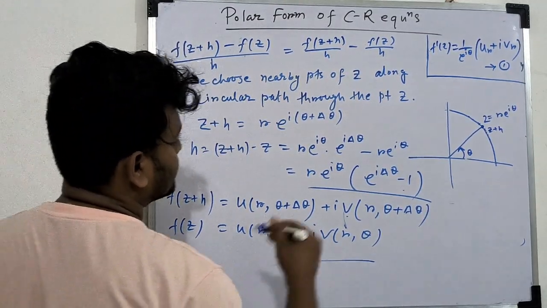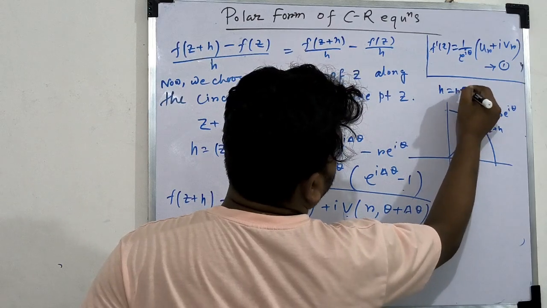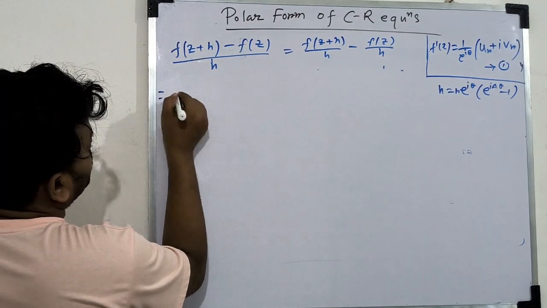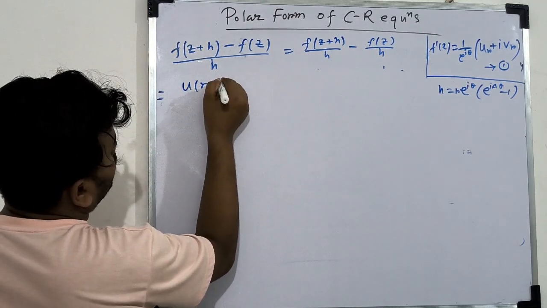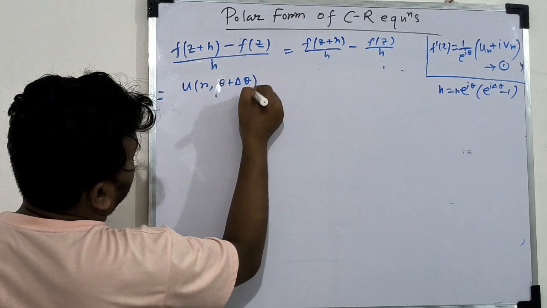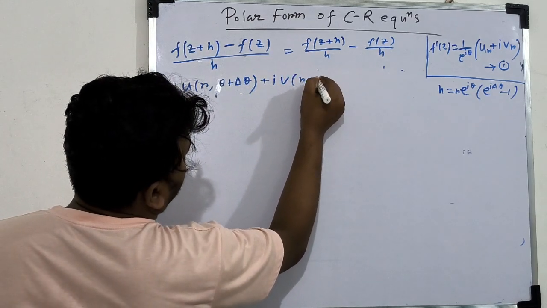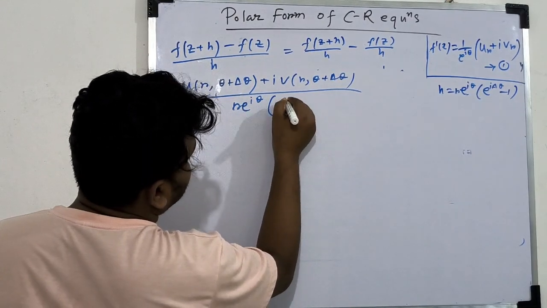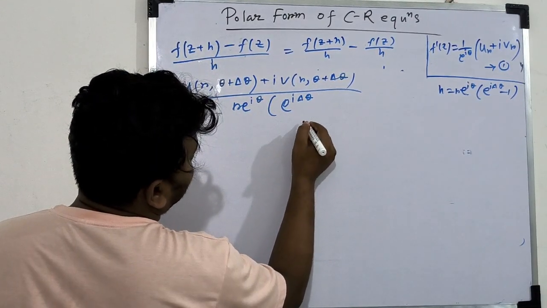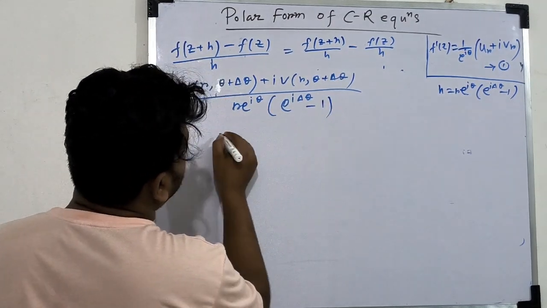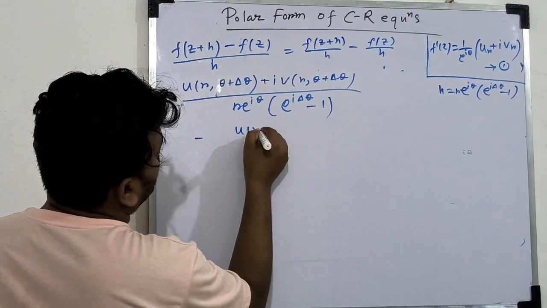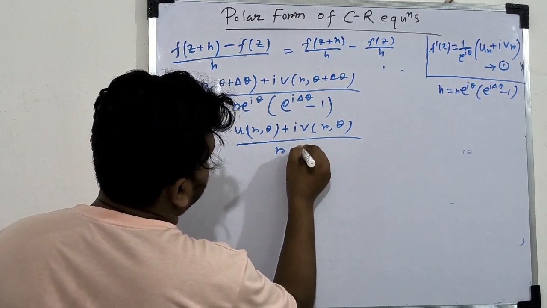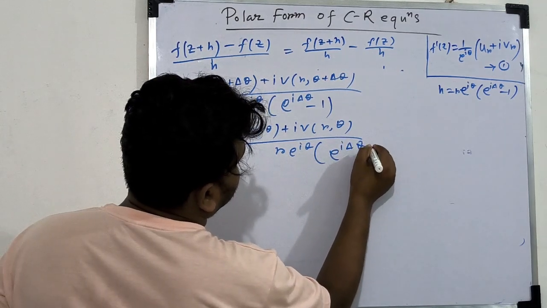So h is r e to the power i theta into (e to the power i del theta minus 1). In the similar way, we put first u(r, theta plus del theta) plus i v(r, theta plus del theta) divided by h, which is r e to the power i theta into (e to the power i del theta minus 1), minus f of z, that is u(r, theta) plus i v(r, theta), divided by r e to the power i theta into (e to the power i del theta minus 1).